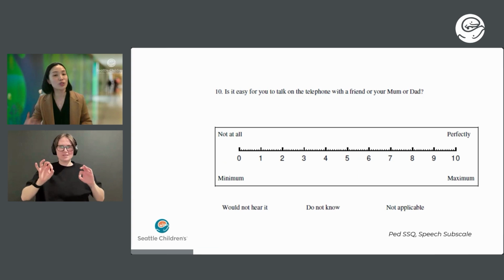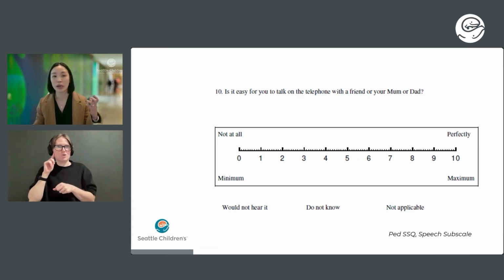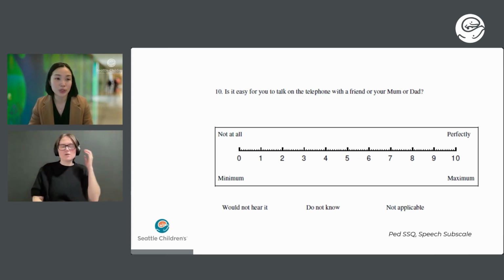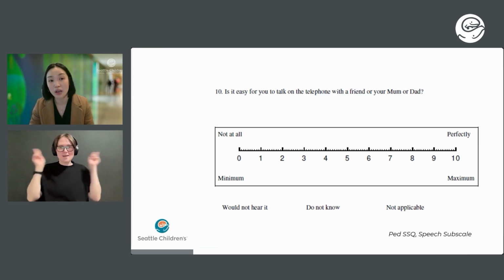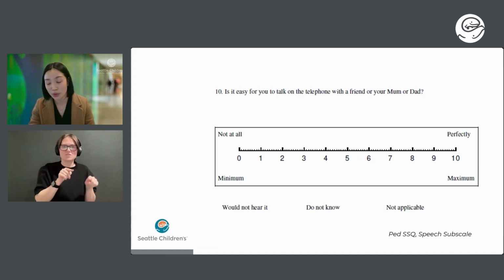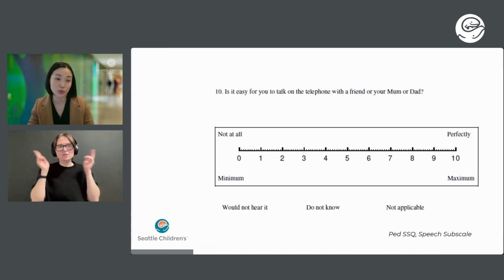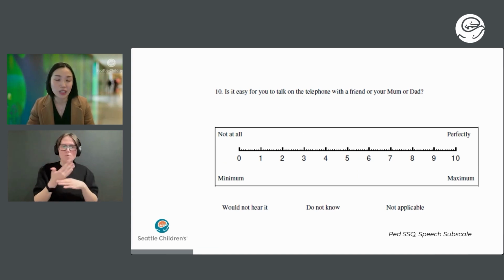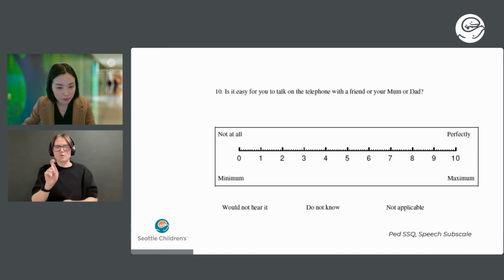You know, I don't use my bad ear with phone. I just hold it up to my good ear. Whereas for a kiddo who is using CI, it might not be easy. That question is a little more nuanced. So perhaps there's more meaning to their answer in terms of how is their hearing device programmed, what is their use of it. Whereas for a kid with unilateral hearing loss, it's not as specific of a question.